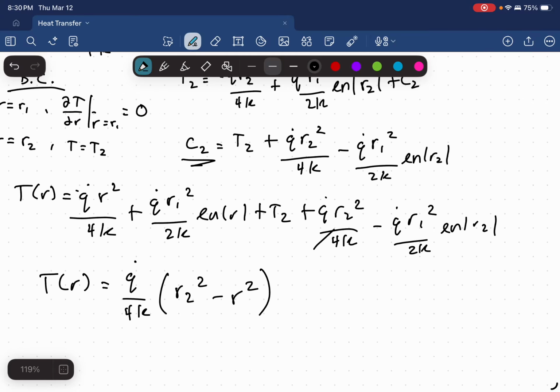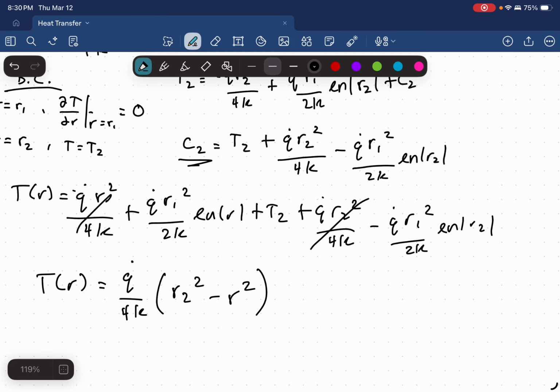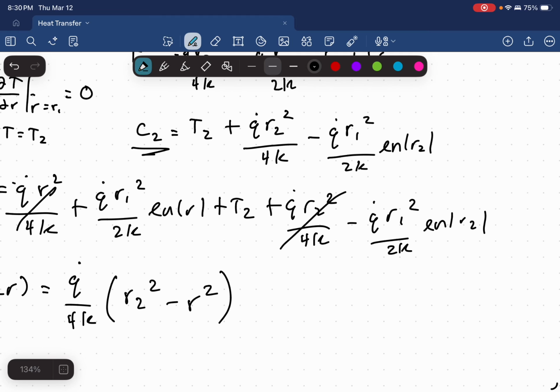So we simplified this one and this one. So now let's simplify the Q dot over 2k. So plus Q dot over 2k R1 squared. Yeah, all of it's R1 squared. And then you can combine the natural logs.